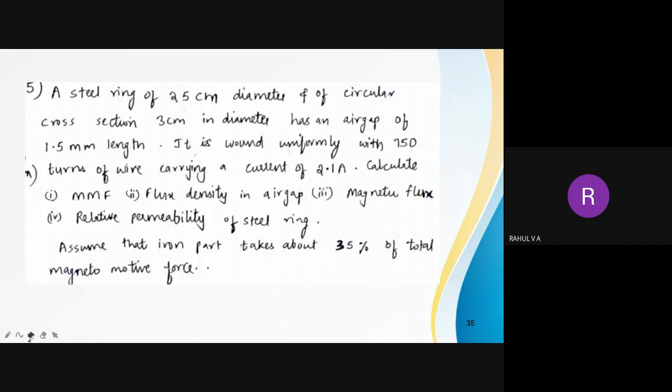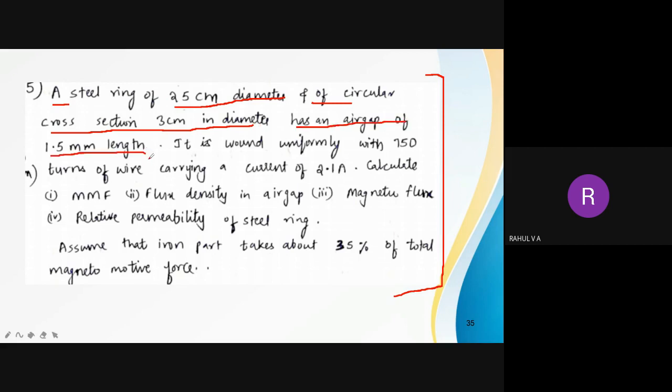So this is also another problem, which will be asked for some 10 marks. You have to write this problem. A steel ring of 25 centimeter diameter and circular cross section 3 centimeter in diameter has an air gap of 1.5 length.